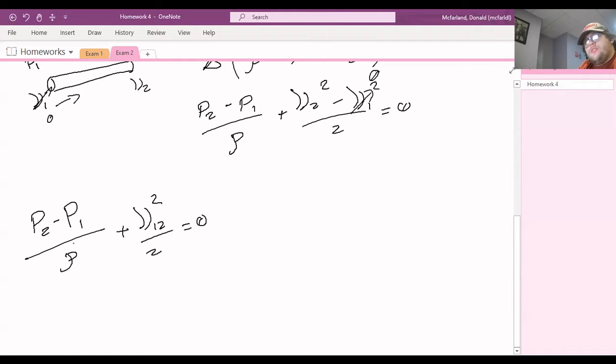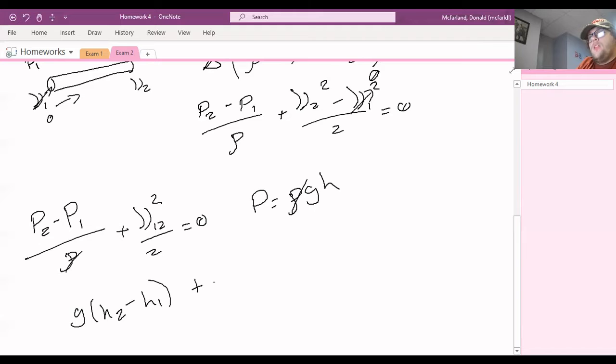Another way to write pressure is density, gravity, height. So if we plug these in for the corresponding pressures, since densities are the same, density will cancel out. So we are left with G times H2 minus H1 plus 1/2 velocity from 1 to 2 squared equal to 0.